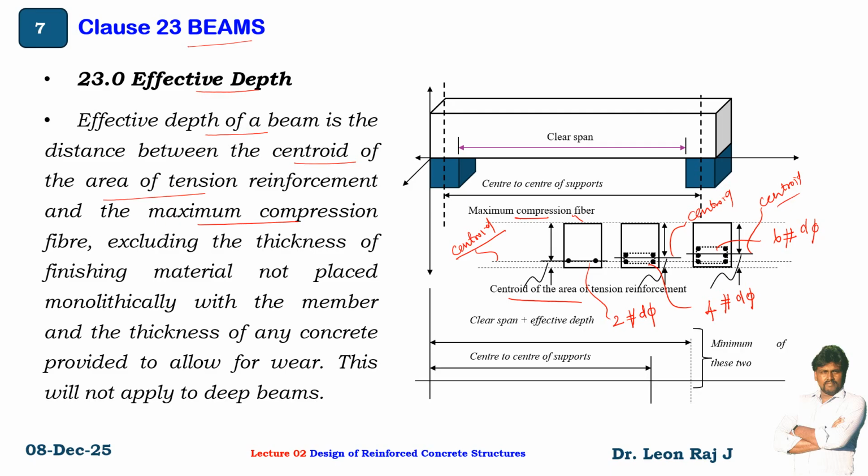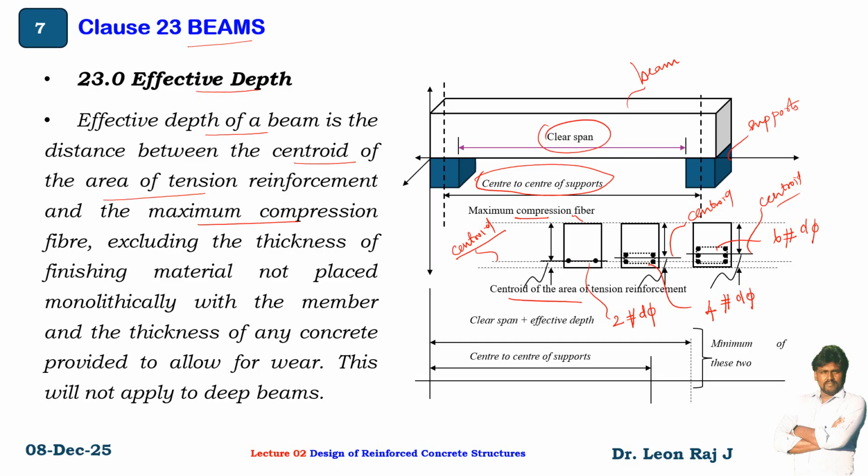So here you can see a simply supported beam. These are supports, and this is the beam, and this is clear span. This is center to center of supports. So which one can be taken as effective length?